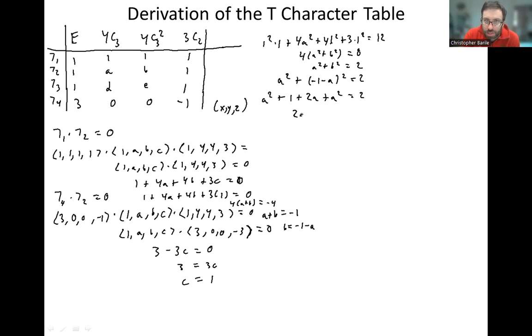We combine these a squared terms, move over the 2, and we get 2a squared plus 2a minus 1 equals 0. Now we use the quadratic formula, which we know is negative b plus or minus the square root of b squared minus 4ac, all over 2a. Our a coefficient is 2, our b coefficient is 2, and our c coefficient is negative 1.